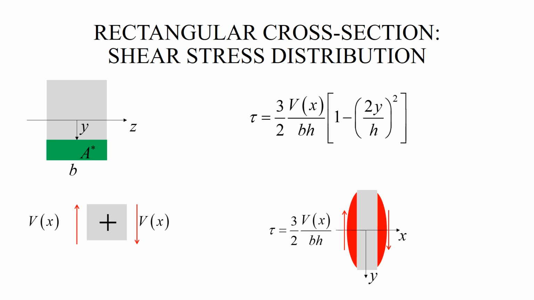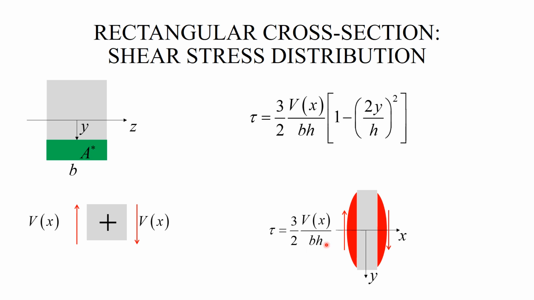Let us revisit this result a little bit. So we rewrite the equation obtained on the previous page, show A star, and we want to choose the case of positive V. In this case, tau as a function of y at a fixed x is a parabolic distribution.